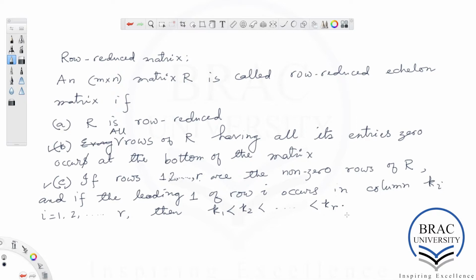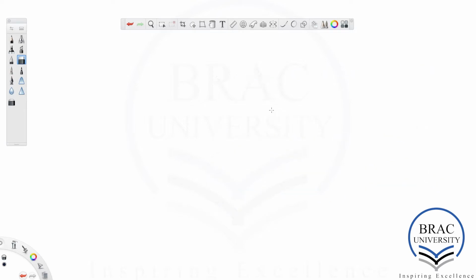So if a row reduced matrix satisfies these two additional properties, we call the row reduced matrix a row reduced echelon matrix. Now we give you an example of a row reduced echelon matrix. This is our example 1.